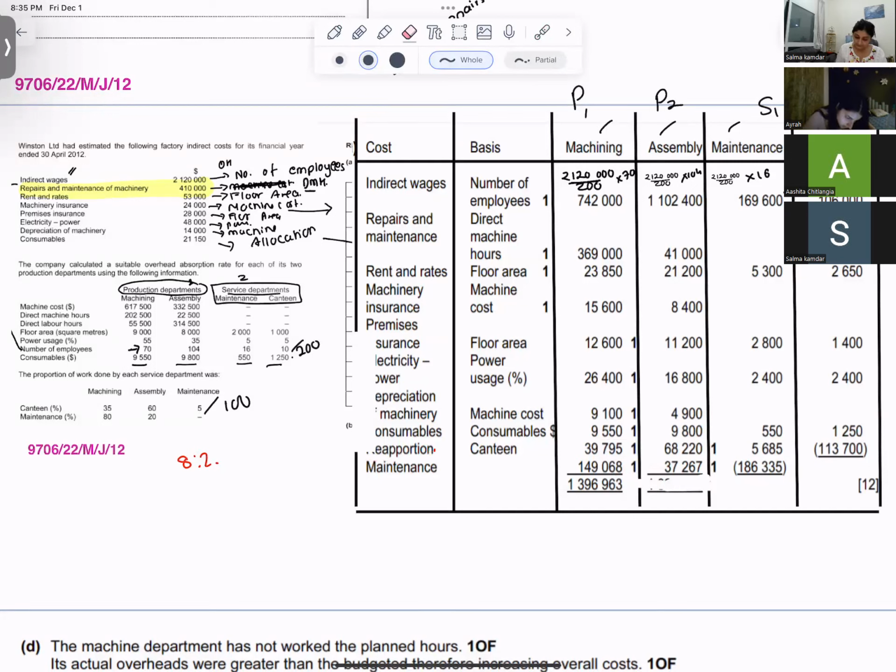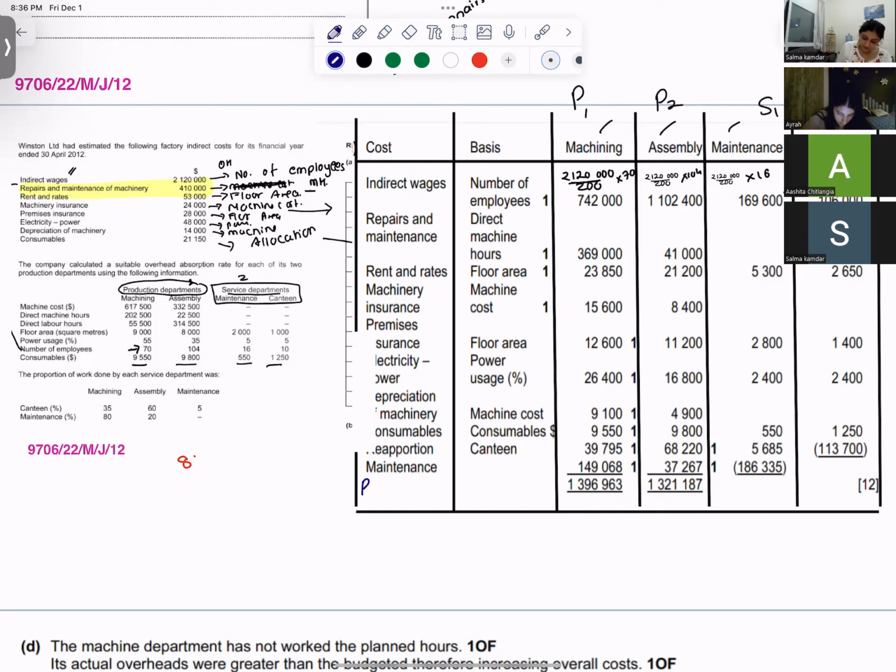And then the second one is 37267. So this is your budgeted overheads.